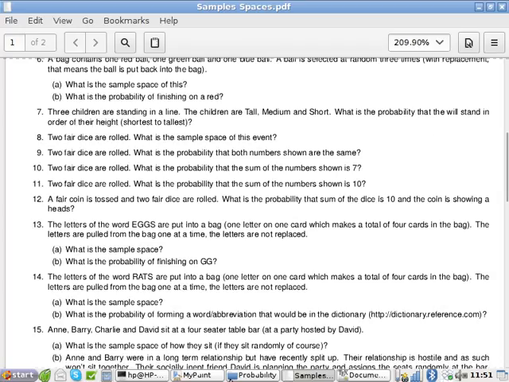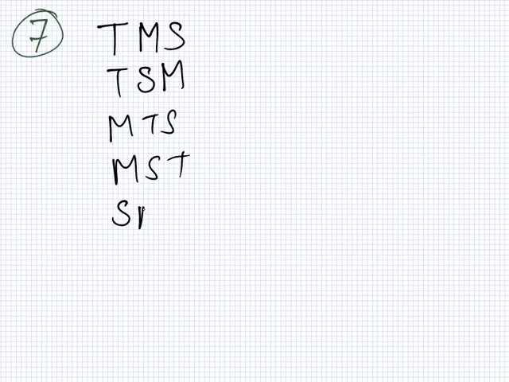Okay, let's have a look here. This is number 7. How many possibilities? 6. So you can have tall, medium, short, tall, short, medium, medium, tall, short, medium, short, tall, short, medium, tall, short, tall, medium. 6, and how many of them are we interested in here? 1.